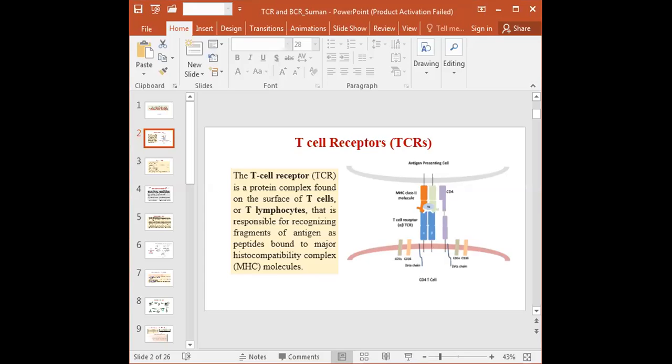The TCR, through its complementarity determining regions, known as CDRs, endows the T cell with the ability to recognize and respond to foreign material, which is known as antigen.